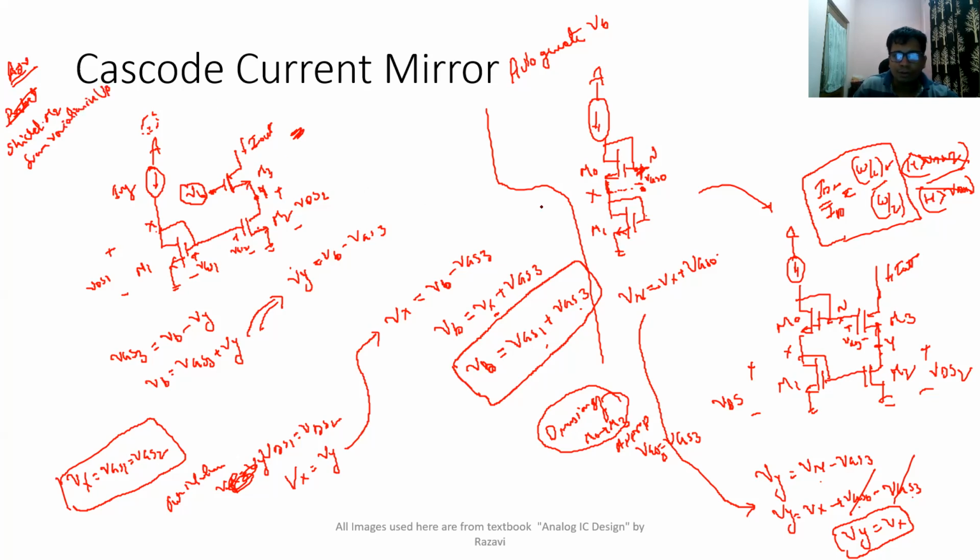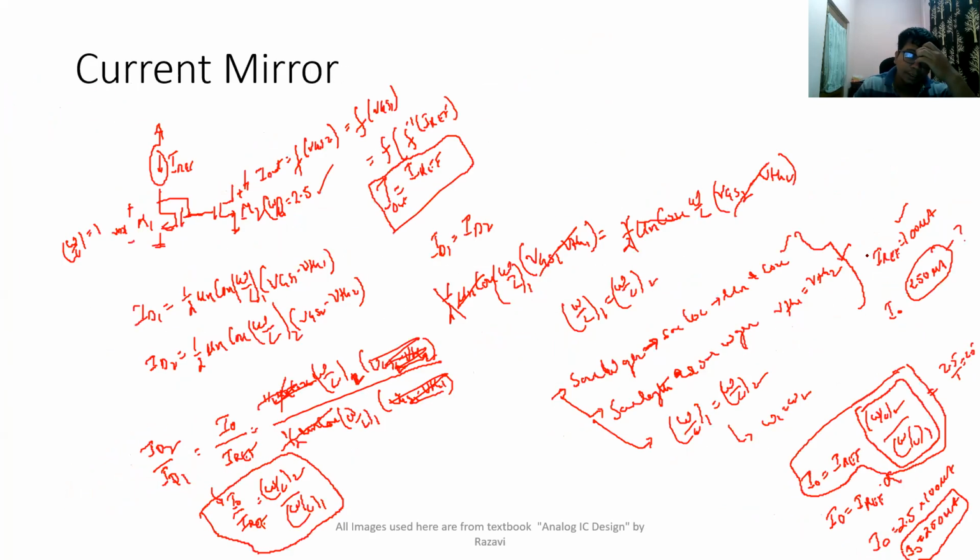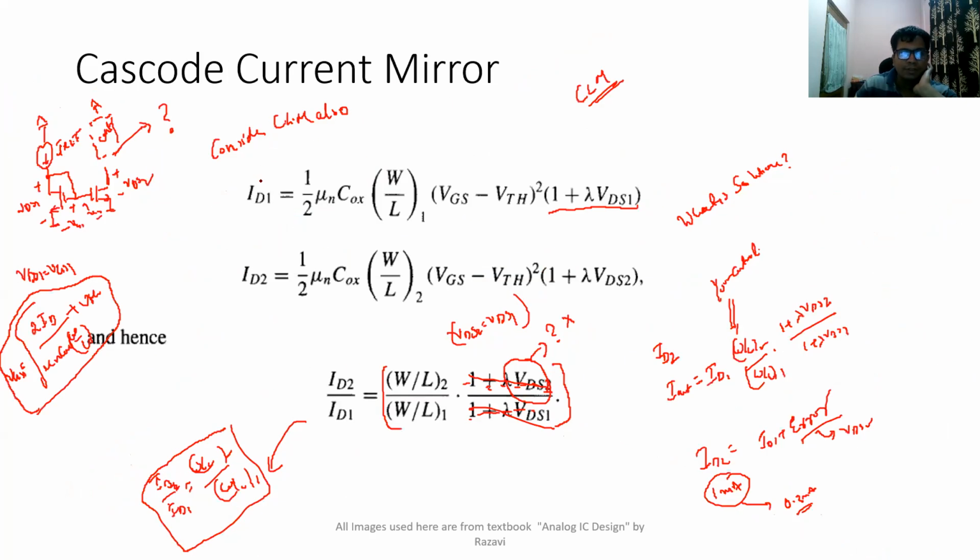Let us say this node is VP. In the earlier figure, we have seen that this VDS you cannot control, because that was under the control of some load device. There is going to be some load device, and that is going to decide the voltage at this end. So this end voltage we are calling VP.